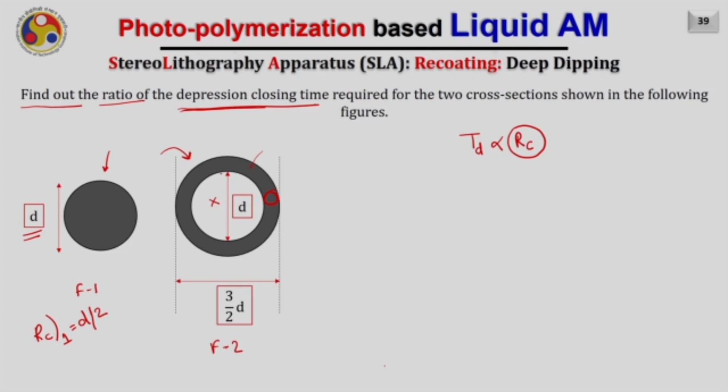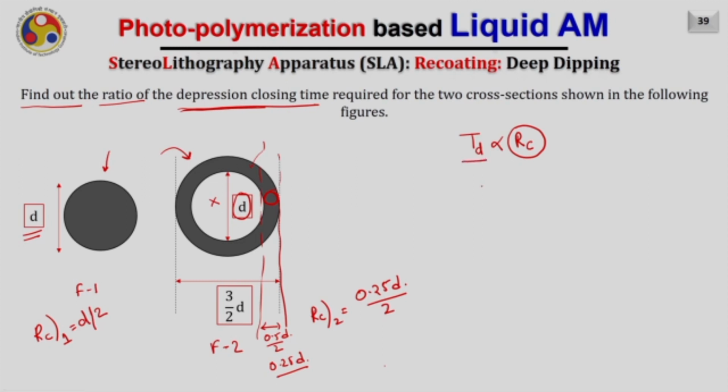You can see that its value will be the distance from here to here, where the distance is D. That means the distance from here to here will be half of 0.5 D, that is 0.25 D. Hence RC for 2 will be equal to 0.25 D divided by 2.